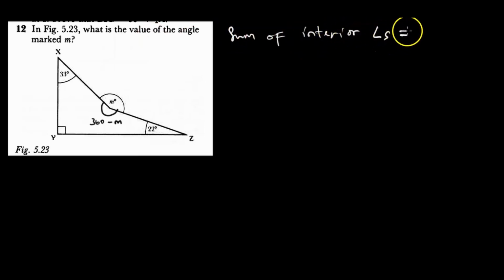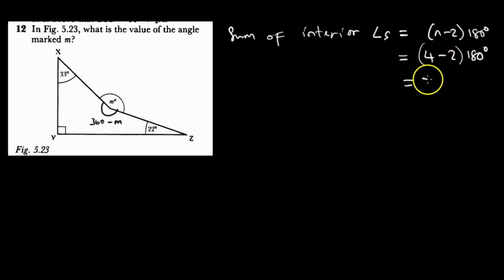Sum of interior angles is given by n minus 2 times 180, and we know that our n is 4, saka 4 minus 2 times 180, which is equal to 360 degrees. Koroti tikaedha maangles aya 33 plus 90 plus 22 plus 360 minus m, sum yacho should be 360. That's how we get m.